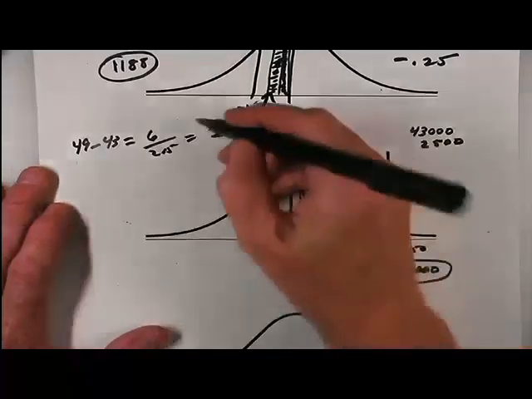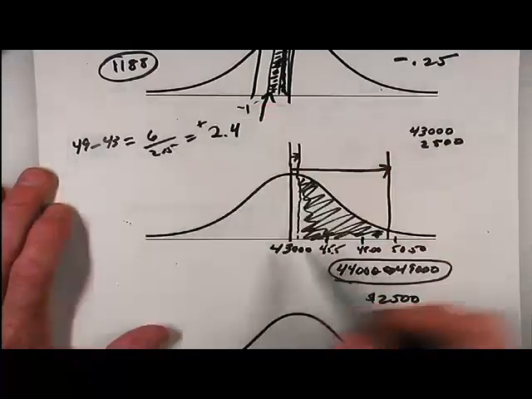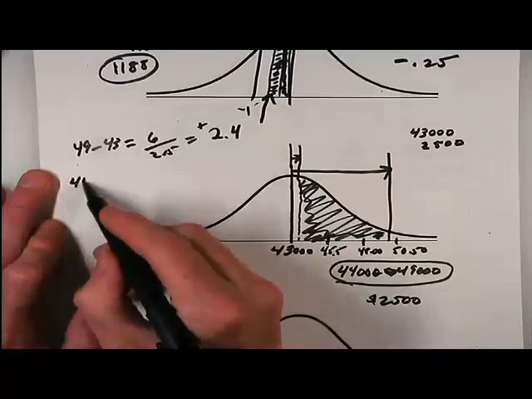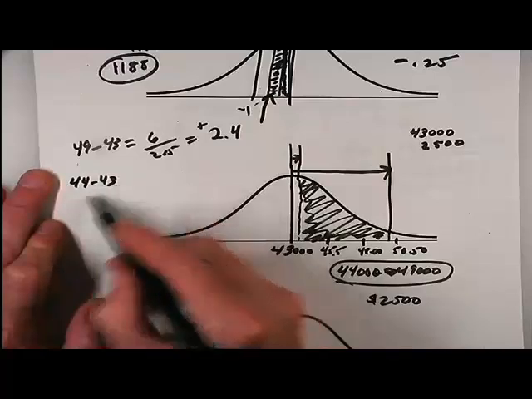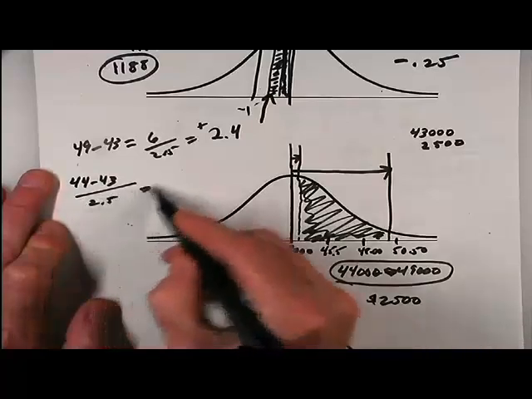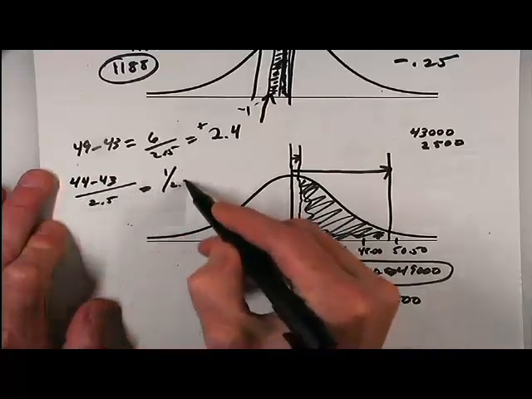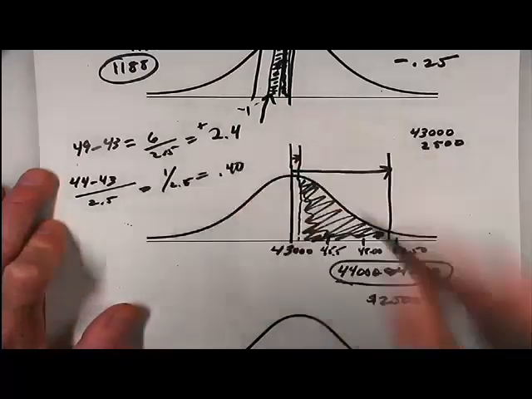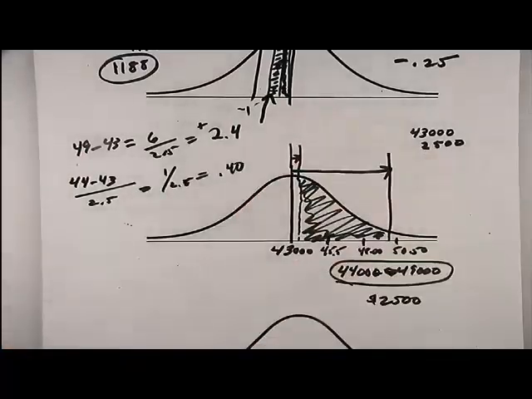So I got a z of positive 2.4. And then I want to do the 44. So 44 minus 43 divided by 2.5. 1 divided by 2.5 equals 0.40. All right, so now I've got both of my z-scores.